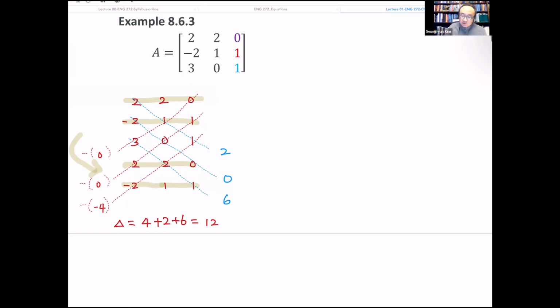To find the inverse, we need to find A transpose. So A transpose matrix. Based on this matrix A, we're going to make column to row, row to column. So A transpose: 2, 2, 0 into a column, row to column, and then negative 2, 1, 1, 3, 0, 1.